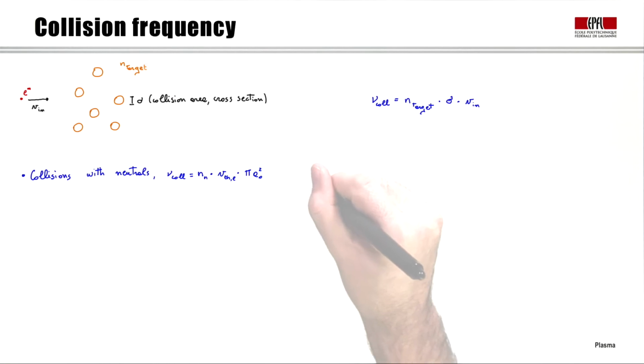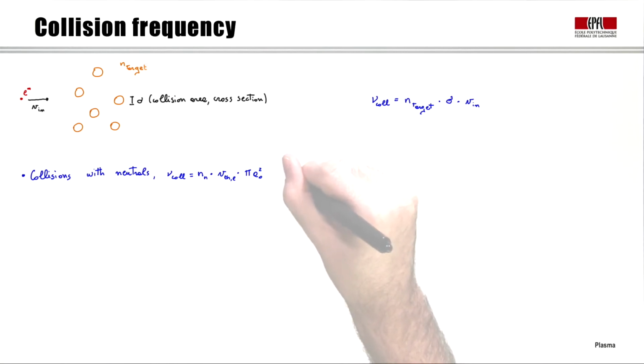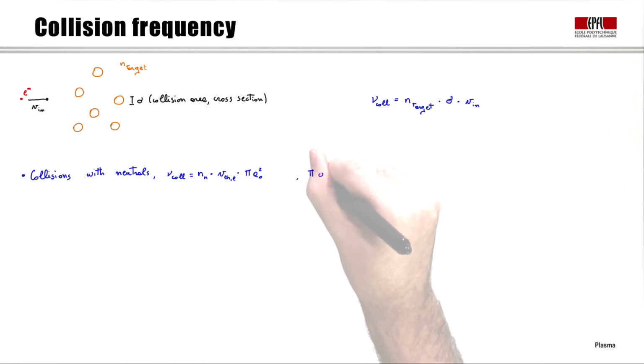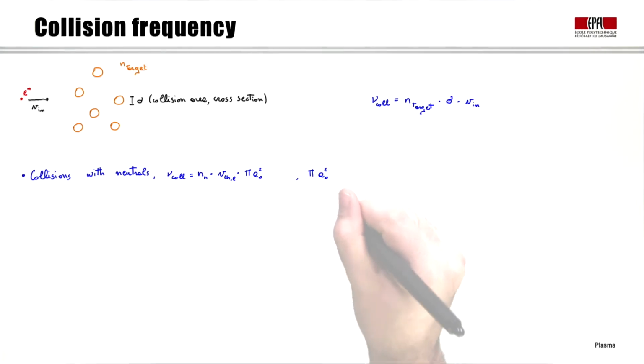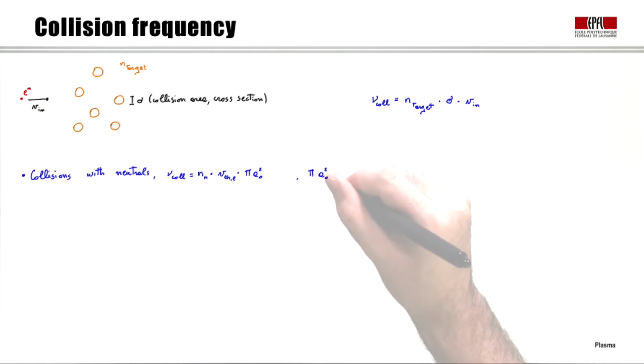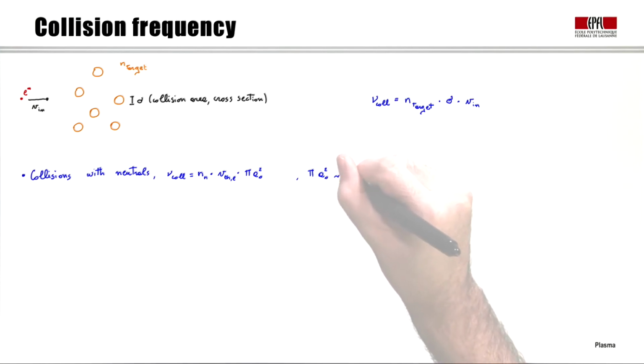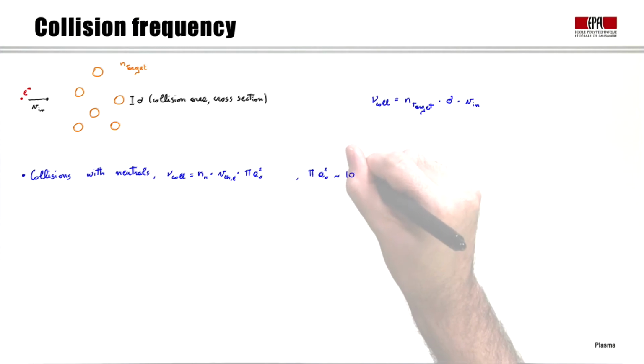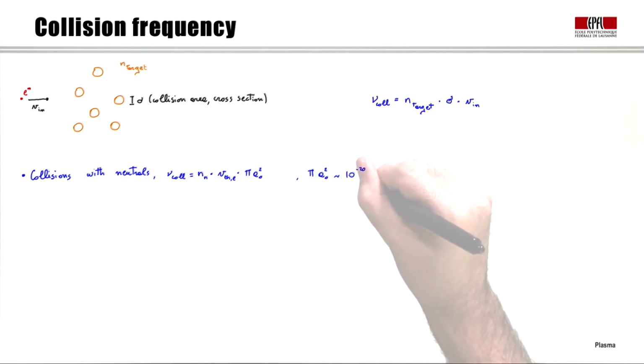of the atom, more precisely pi a0 squared, where a0 is the Bohr radius, of the order of 10 to the minus 20 meters squared.